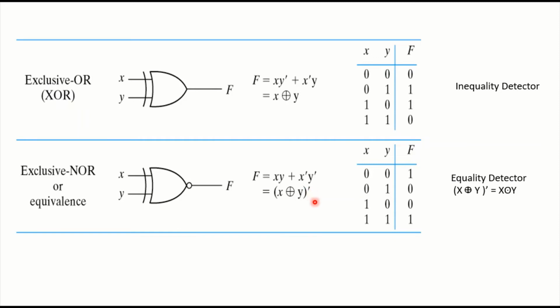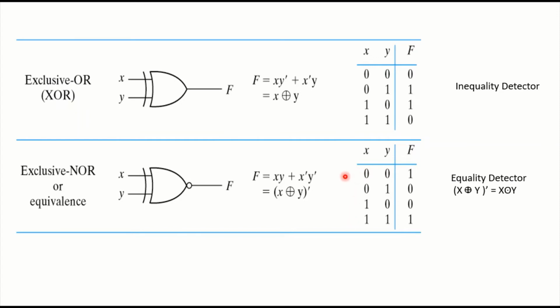This can also be written as x XNOR y. This particular symbol is known as XNOR operator. So we can write it in any way: we can write this symbol, or we can write it in this way, x y plus x bar y bar. But now for the truth table, for two inputs, we have four possible combinations.